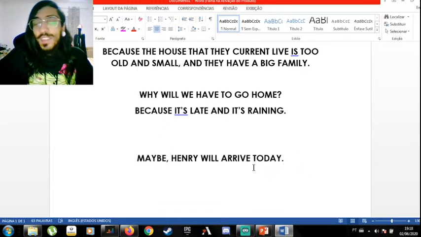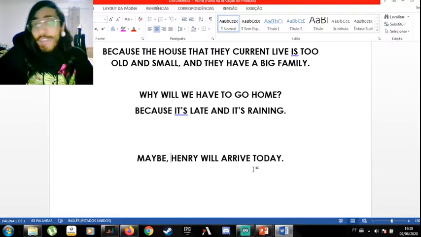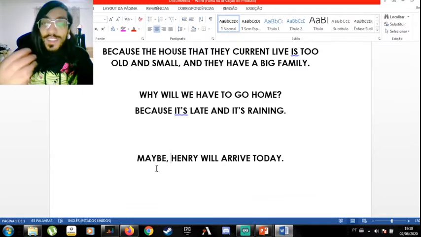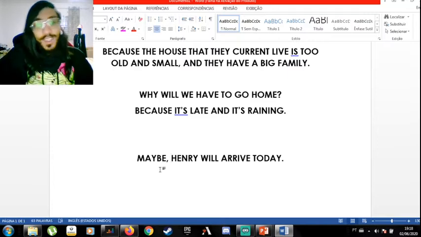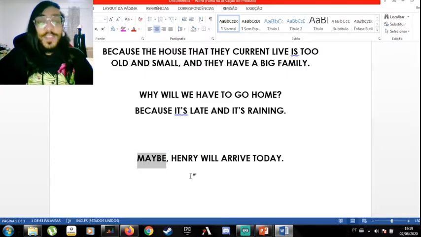Because it's complicated working with will and using today in the same sentence. We don't have certainty, so it's good to use an element that transmits the uncertainty, okay? I would modify this sentence by putting maybe at the beginning of the sentence, so it would sound much better.